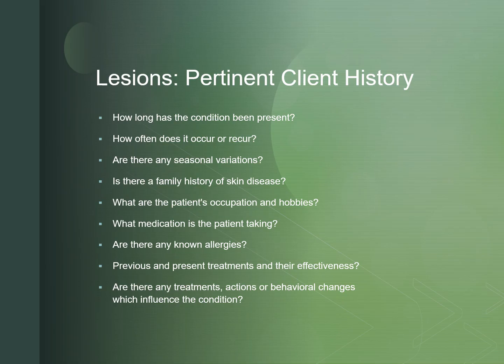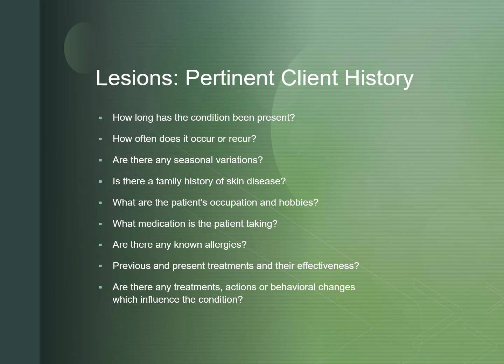And then we want to ask, does it come and go, or is it constant? Recurring lesions may suggest chronic conditions like eczema or psoriasis, or even allergic reactions. Seasonal variation, this is a great clue that sometimes we forget, is some skin conditions can worsen with weather changes, like dry winter air or summer allergens.